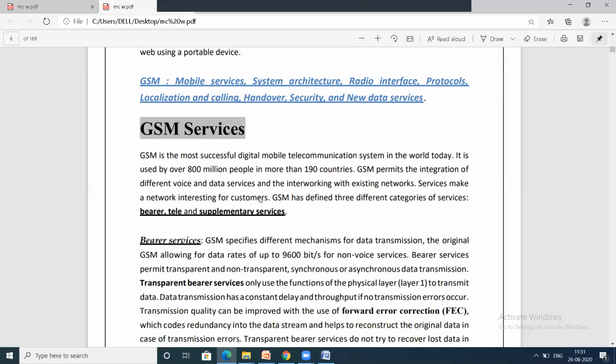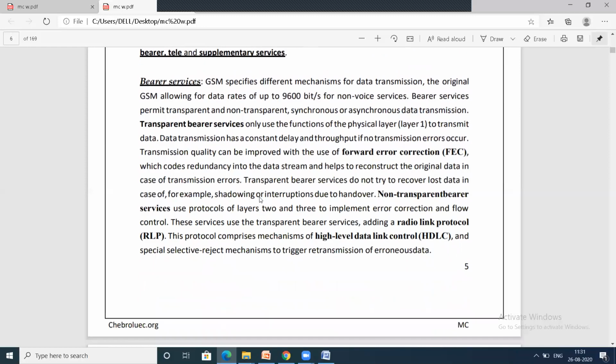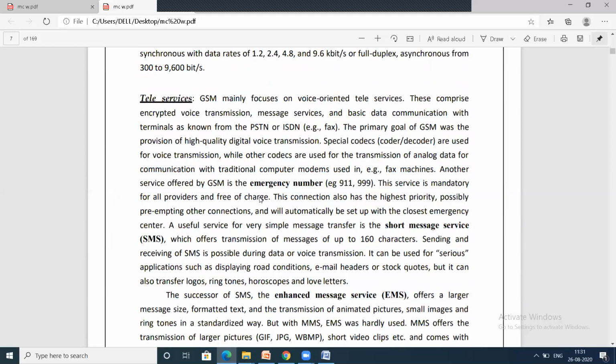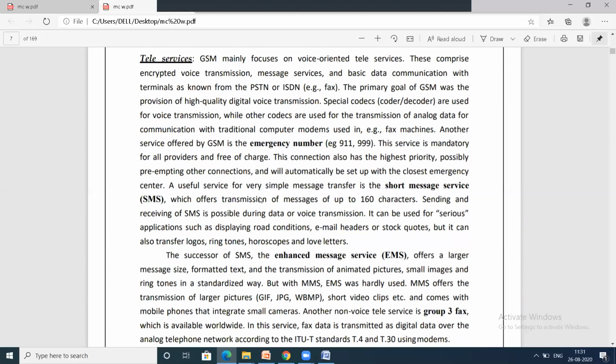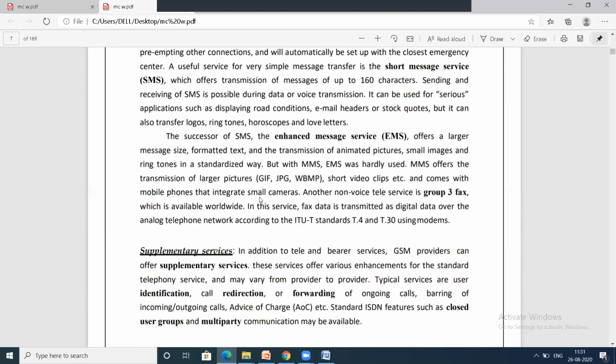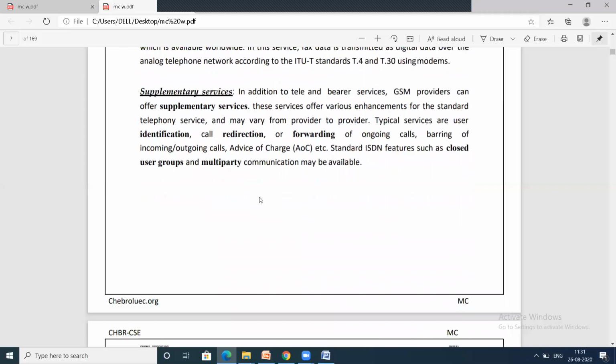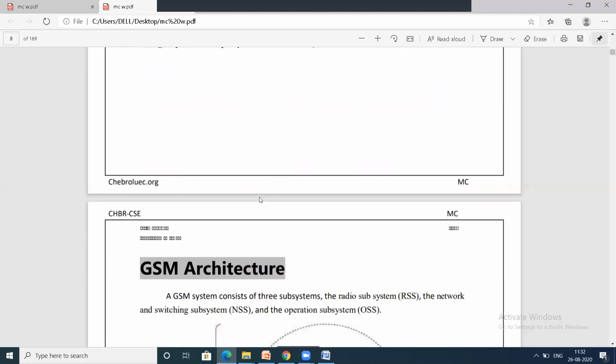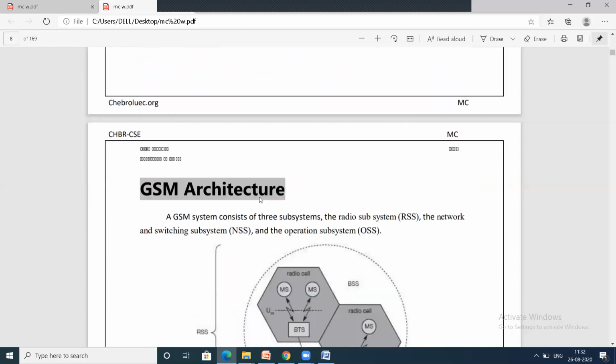Already I told you it provides three types of services: bearer services, tele services, that is telecommunication services, and supplementary services. I already told you the importance of GSM. These are the several services: bearer services, supplementary services, and tele services.